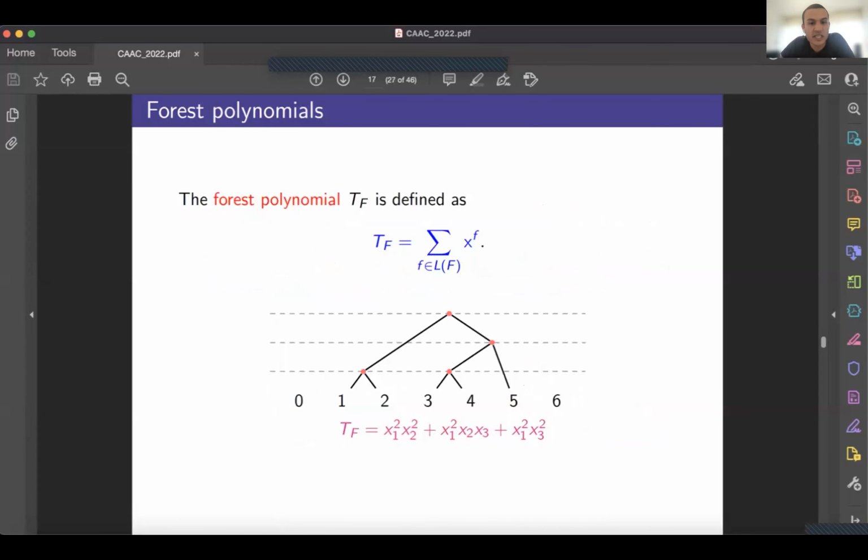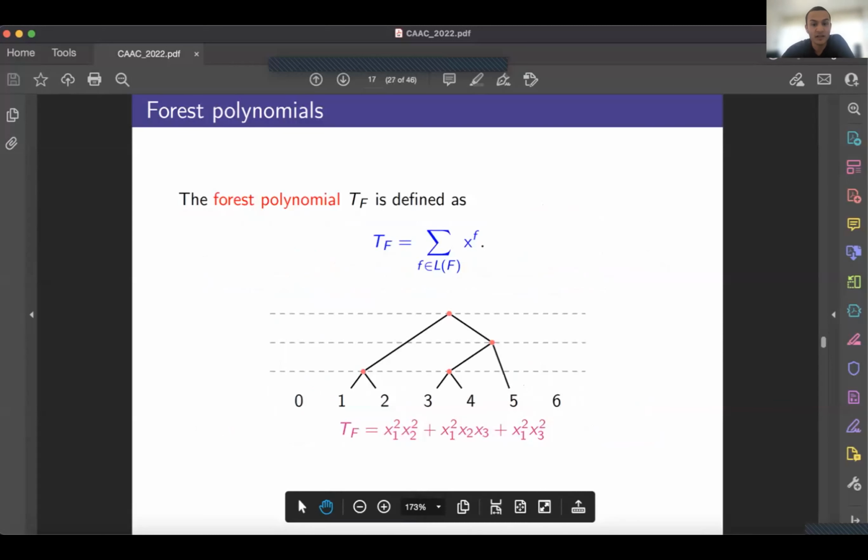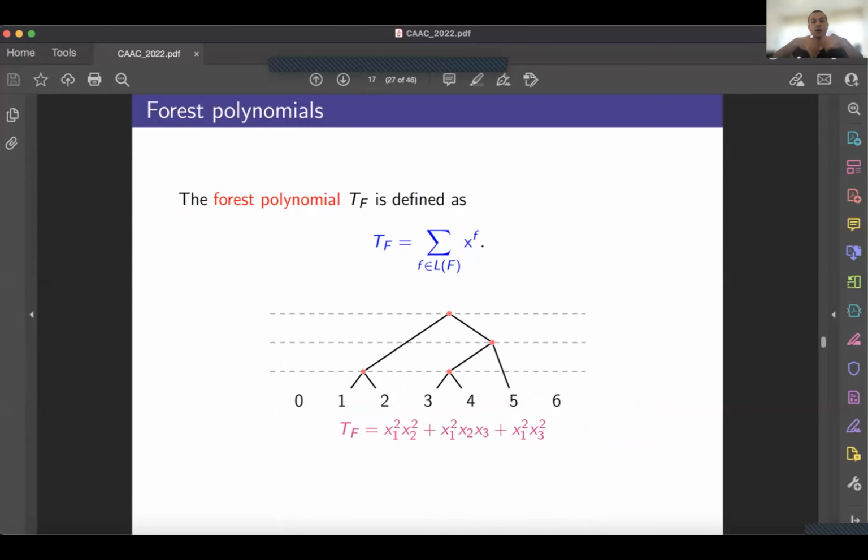Bad notation, indexed by T sub f, is a sum of monomials attached to labelings over all possible forests. So here's an example of a forest polynomial. Okay, so I'm really doing P-partitions, except I'm not allowing all labels. My labels are determined by where the forest sits on top of the integer lattice. And as you move the forest, you get more and more polynomials. If you move it far to the right, you will essentially start getting quasisymmetric polynomials.